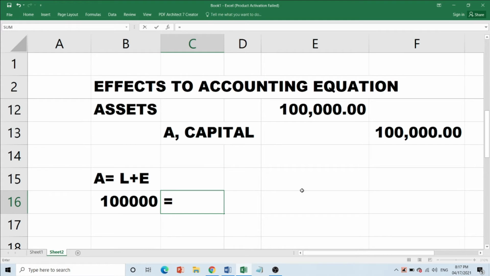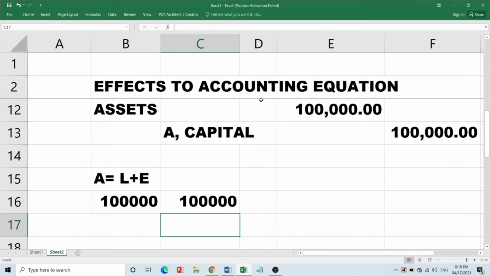The assets must equal to liability. May effect ba si liability dito? Wala. Si equity, yes, nag-increase siya 100,000 kasi nga po si capital ay mayroong normal credit balance. Yung normal balance niya is credit. So, still equal 100 and 100. So, tama po ang ating ginawa.